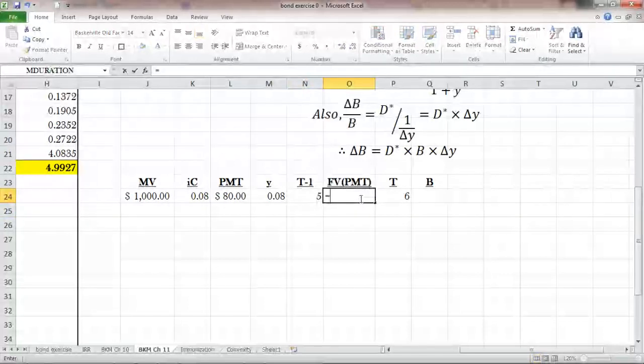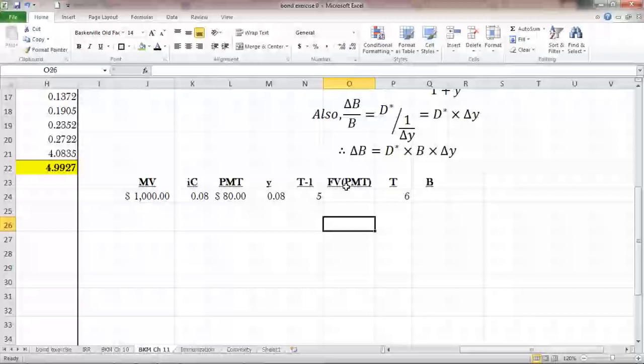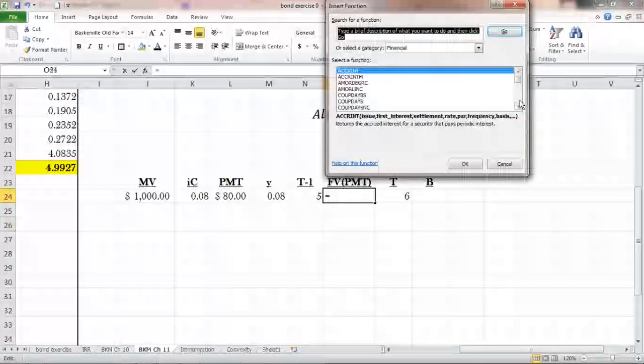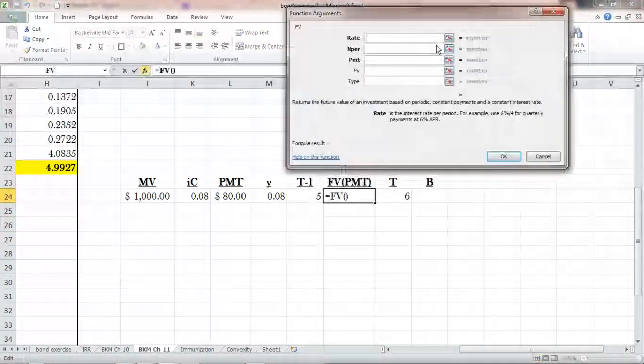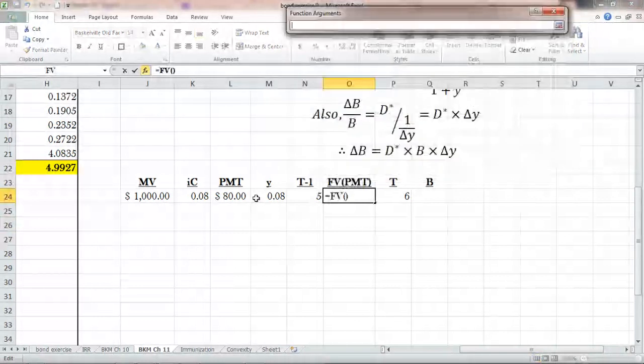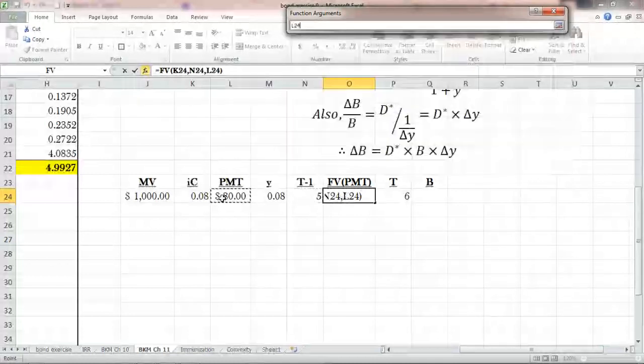This is simply the future value of annuity. So I'll simply use Excel's future value. Just give it coupon rate here, periods 5, payment 80, but this will have to go in as negative.